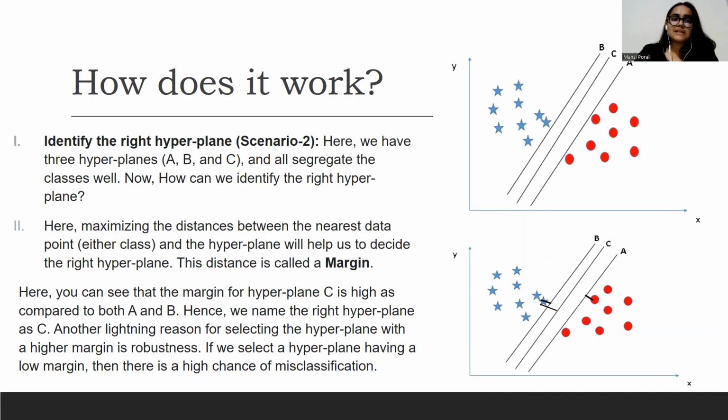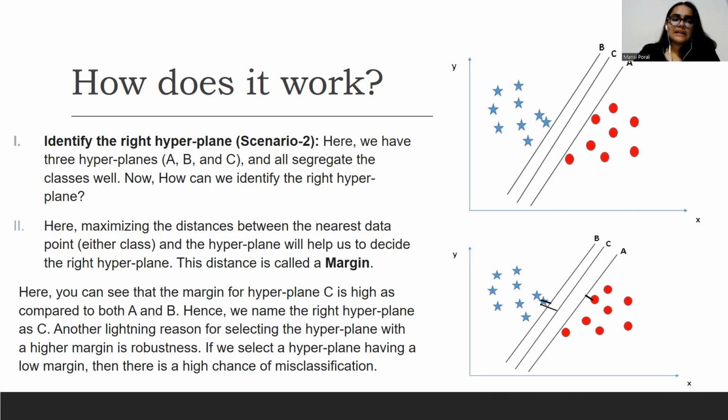Maximizing the distance between the nearest data point and the hyperplane will help us decide the right hyperplane. This distance is called the margin. Here you can see the margin for the three hyperplanes. C is higher compared to both A and B. So we name the right hyperplane as C.